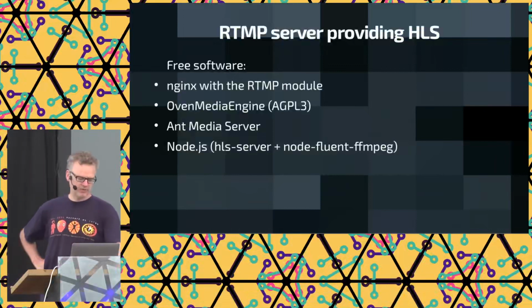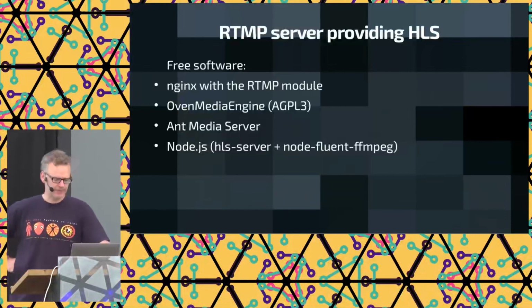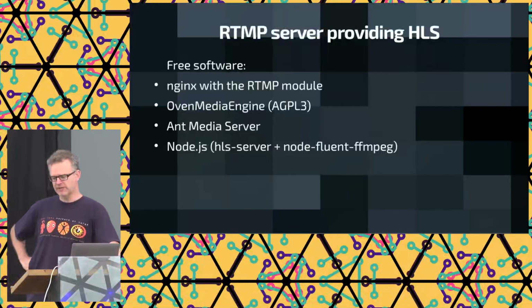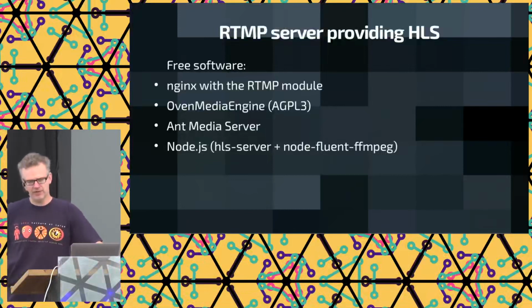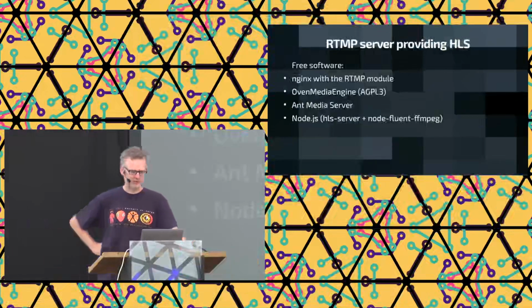It has some drawbacks. There hasn't been any development really since 2017, and that means there's no low latency HLS support. And Media Server has a dual license, so they have a lot of enterprisey features which are only available in the expensive version.